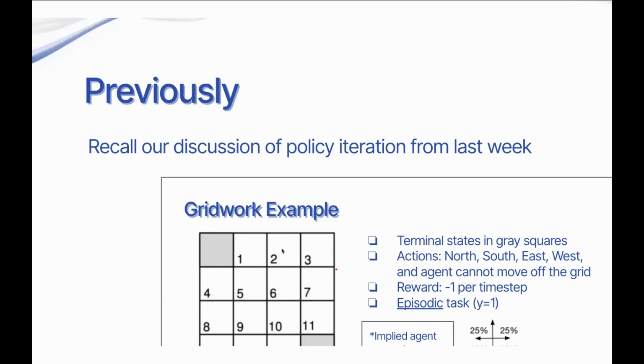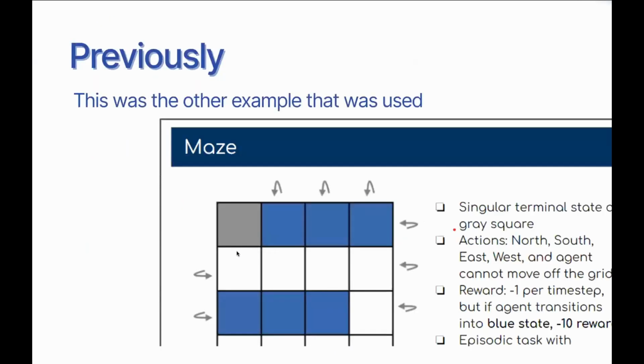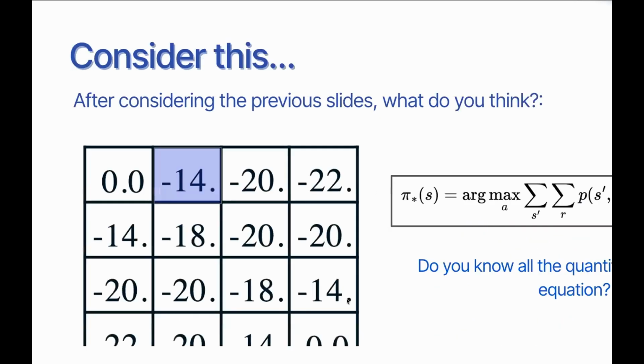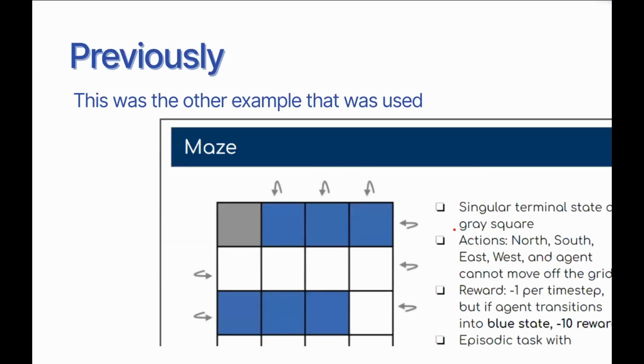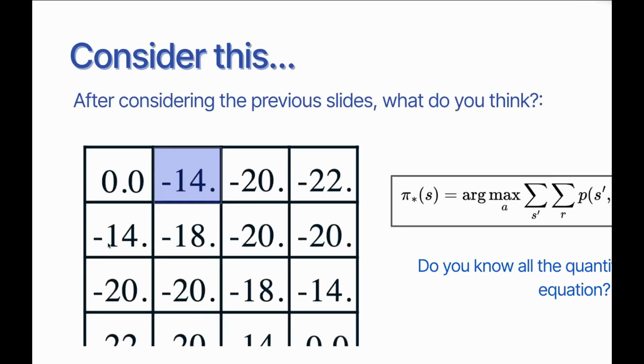Let's say you go left, it will go from 2 to 1. For this maze as well, if you go up, it's assumed that you'll end up in this square. It's always implied that you'll just go to the next square. So do you see what I'm getting at? What is the best action here?